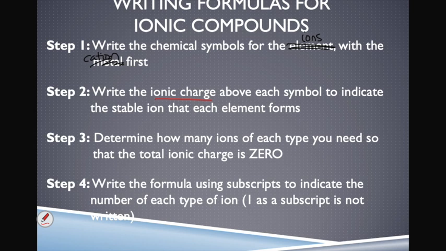Now, we are going to do a little bit of a shortcut, okay? Instead of figuring out steps 3 and 4, we are going to do something called the criss-cross rule.